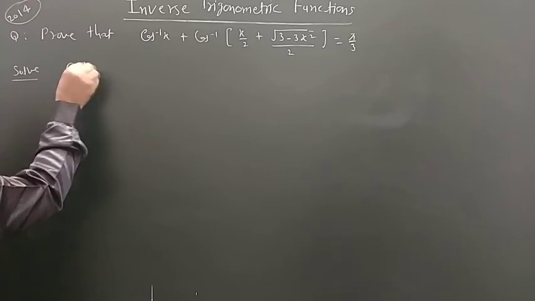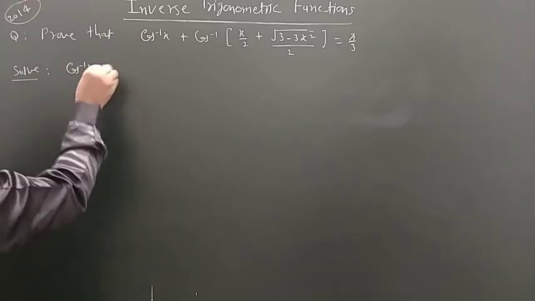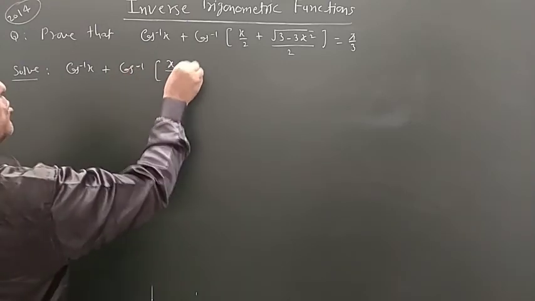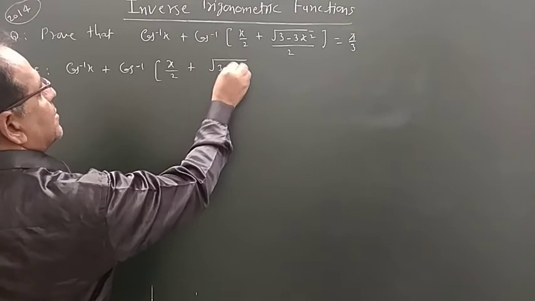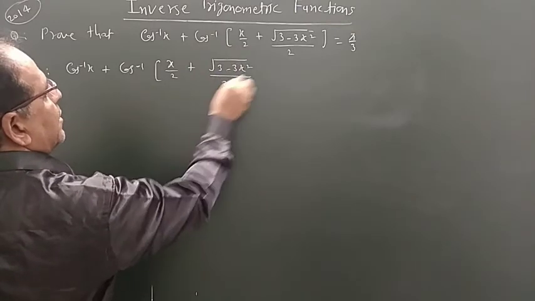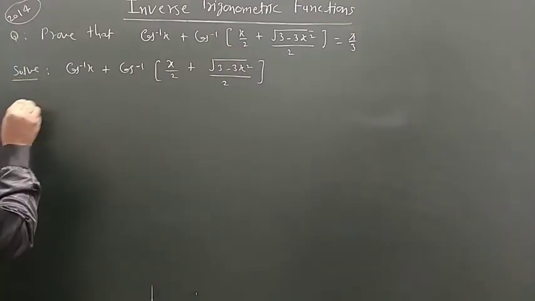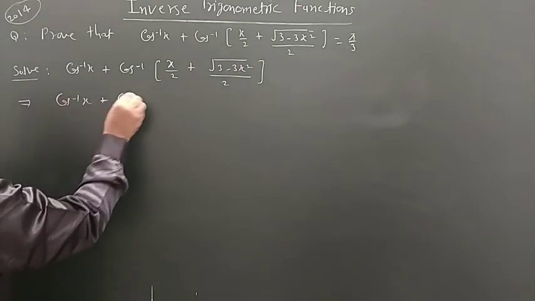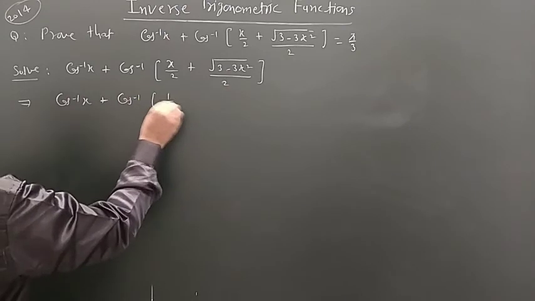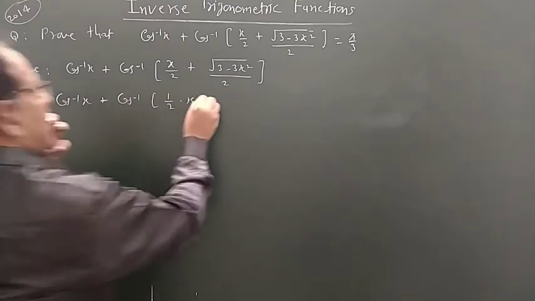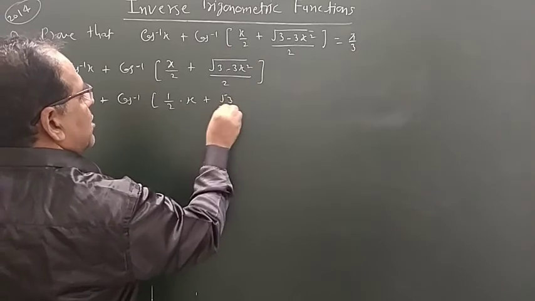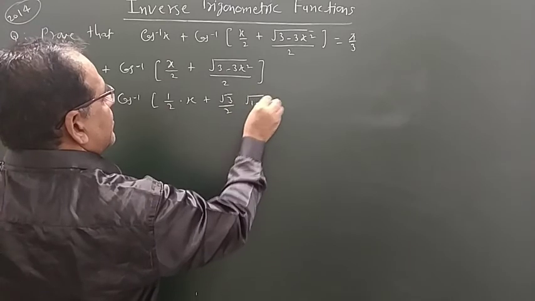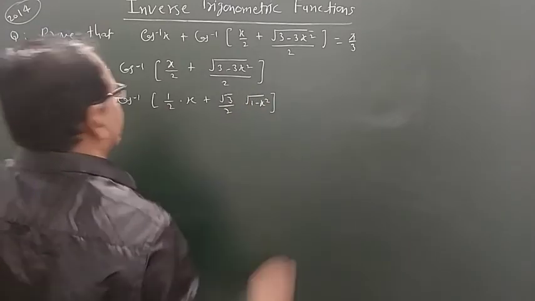Cos inverse x plus cos inverse of x upon 2 plus under root 3 minus 3x square upon 2. Now next step becomes cos inverse x plus cos inverse of 1 upon 2 into x plus root 3 upon 2 under root 1 minus x square.